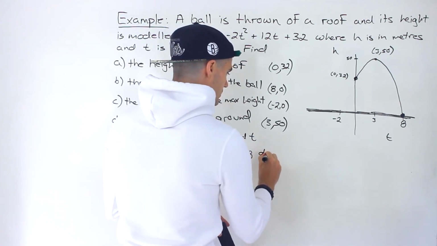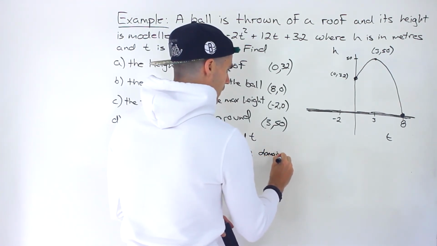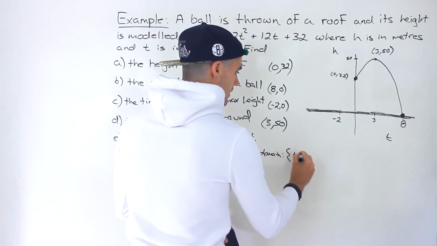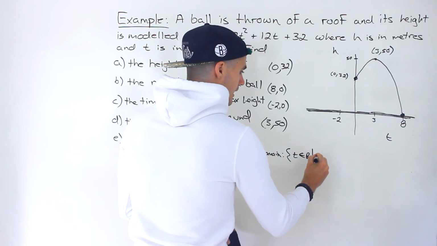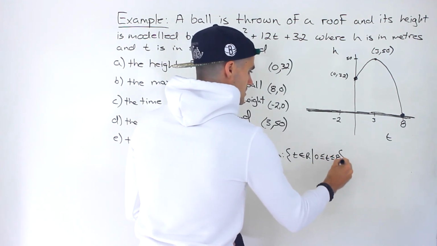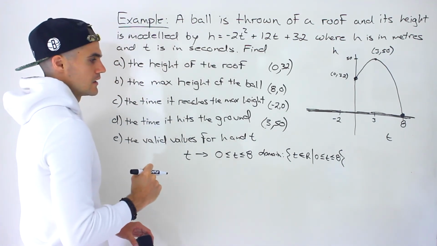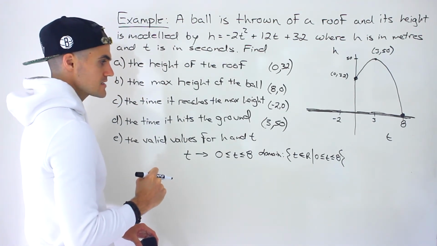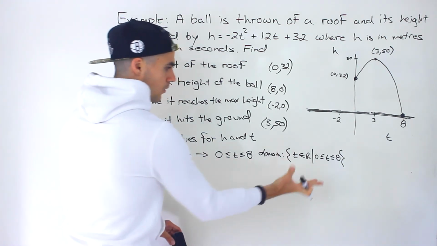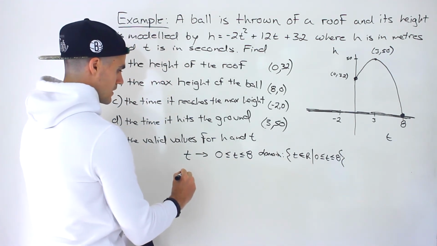Maybe they might talk about something called a domain. If they don't, don't even worry about this, but in case they do, basically t can be anything as long as t is between 0 and 8, right? This is more like a grade 11 concept, but your teacher may go over this. So they may just want this, or they may want that. So either way that works.